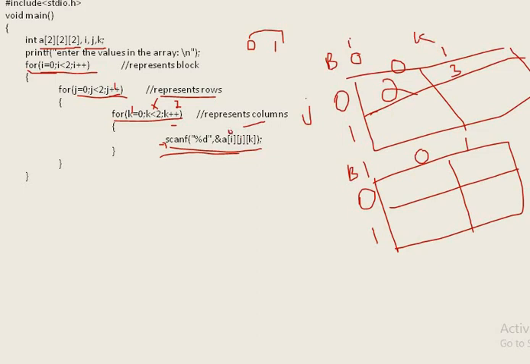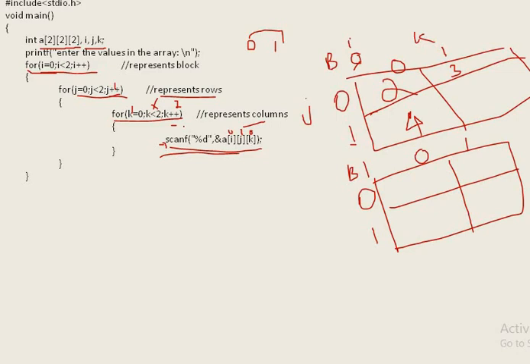So here i is 0, j is 1 and k is also 0. Now we are at this position, and you can give any value to this particular location. So let us take it as 4. So 4 will be stored to this location.